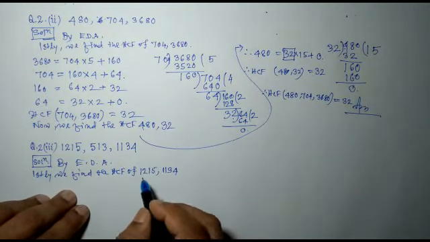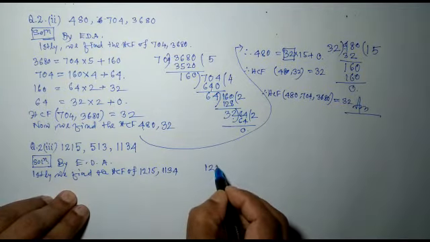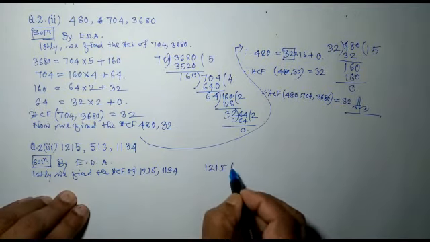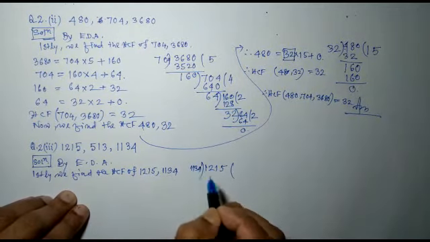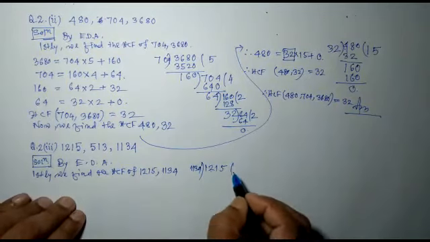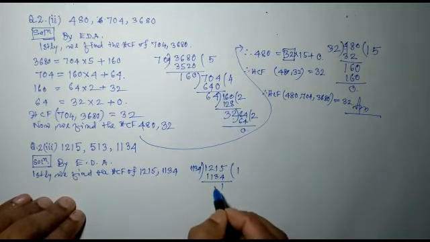So let us divide this big number 1215 by 1134. So it will go only one time, 1134. Subtracting we get here 81.